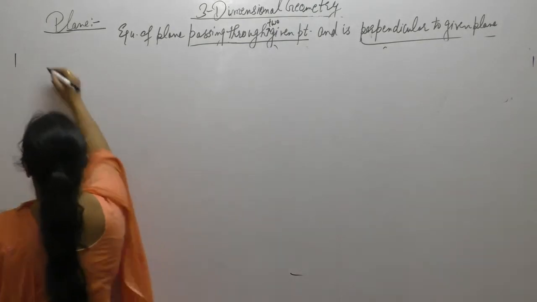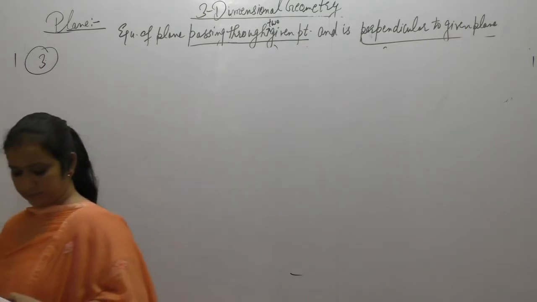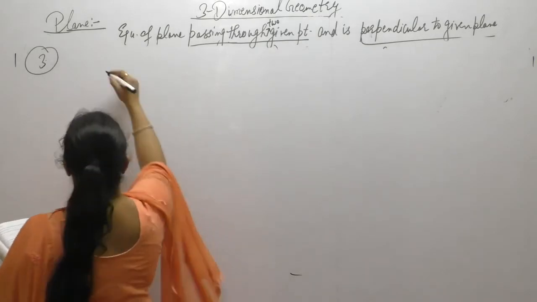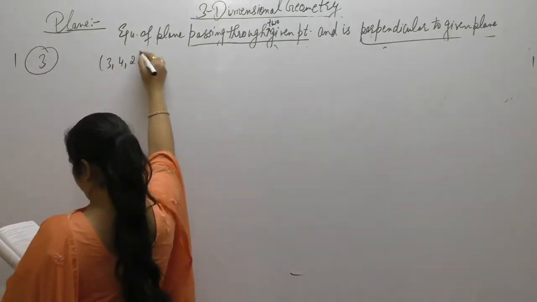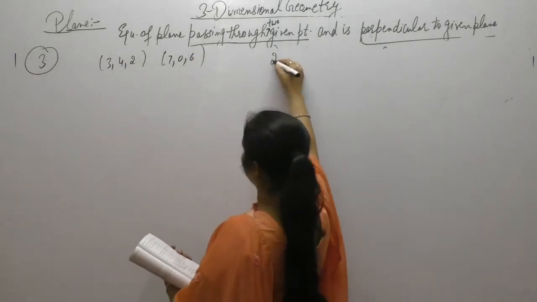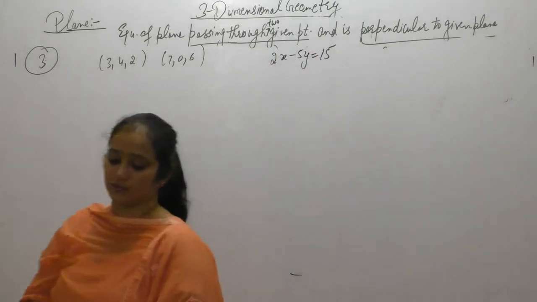Now the next one. Find the equation of plane passing through 3, 4, 2, 7, 0, 6 and is perpendicular to the plane 2x minus 5y equals 15.